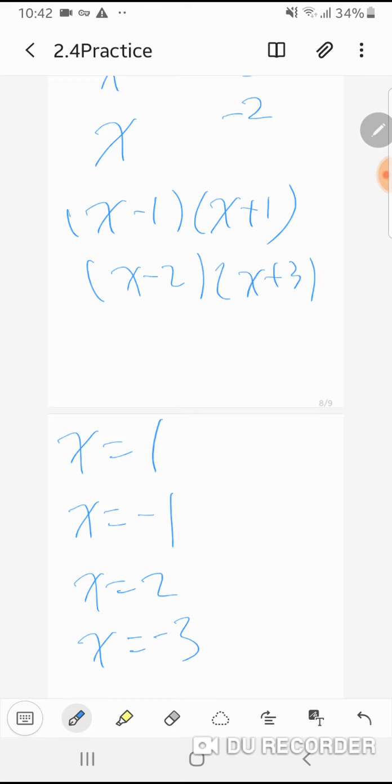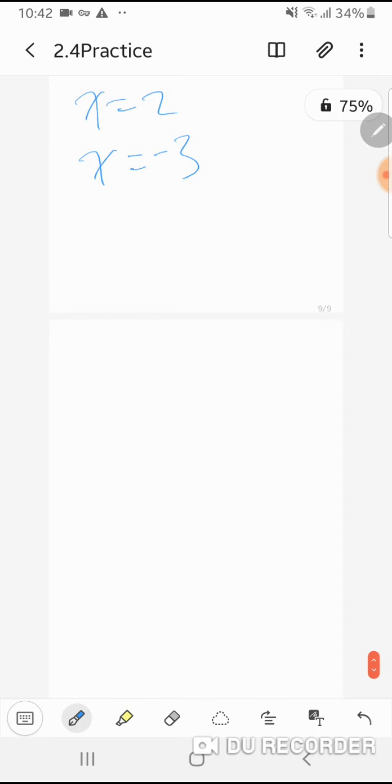So, okay. For those who are actually solving this problem, and also for those who want to solve these problems, I will put it in the descriptions.